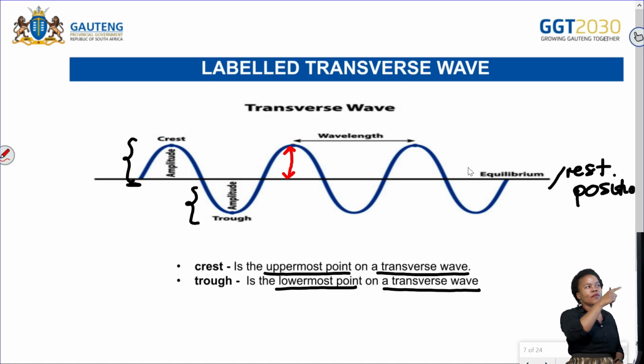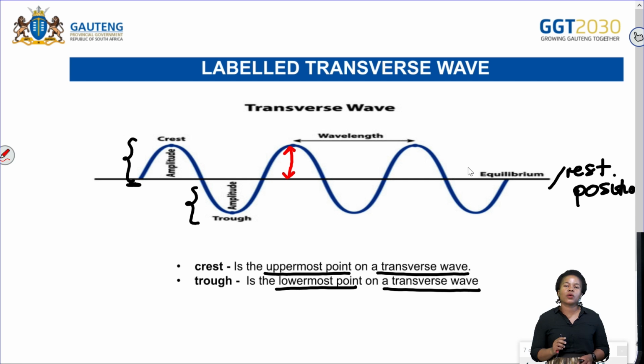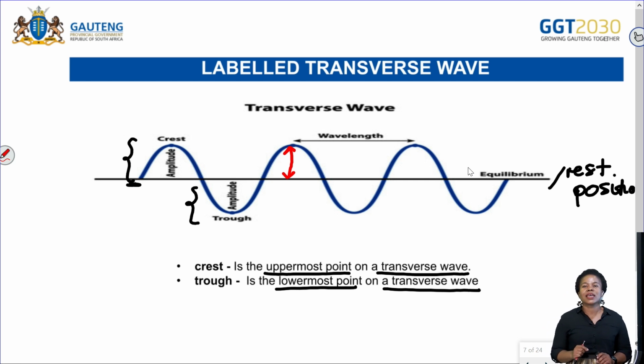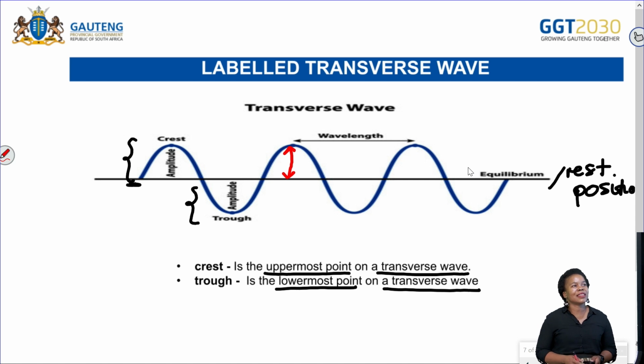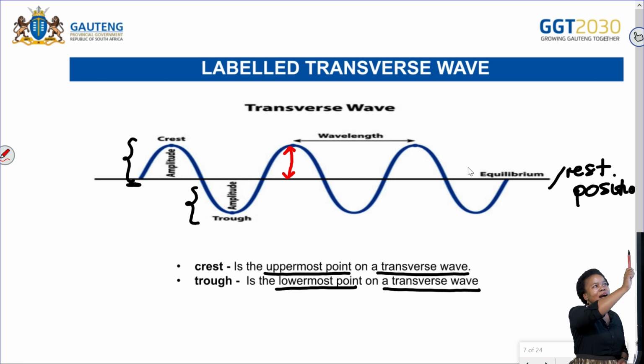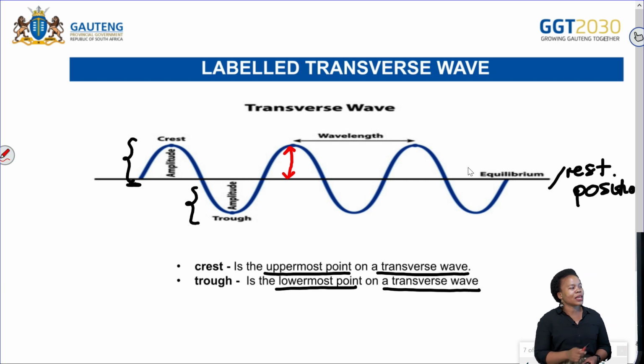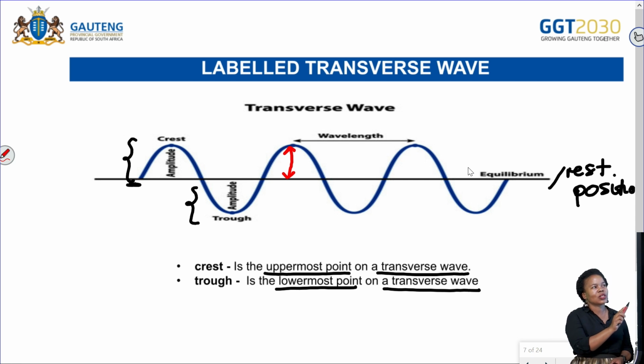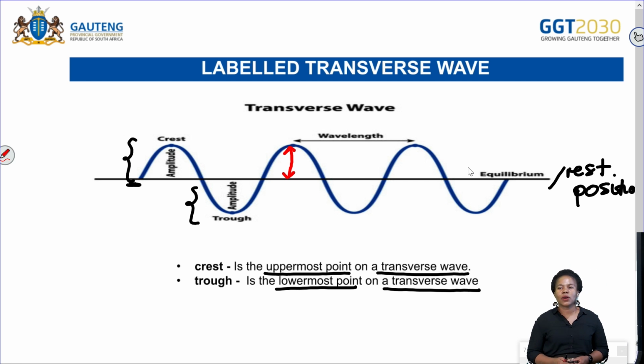You can have your amplitude in your trough. You can also have your amplitude in your crest, right? And then you have your wavelength. Your wavelength is the distance between two successive pulses. But first, let's just look at the crest, the trough, as well as your amplitude. Let's move right along as we explore the wavelength in detail, the amplitude as well in detail.